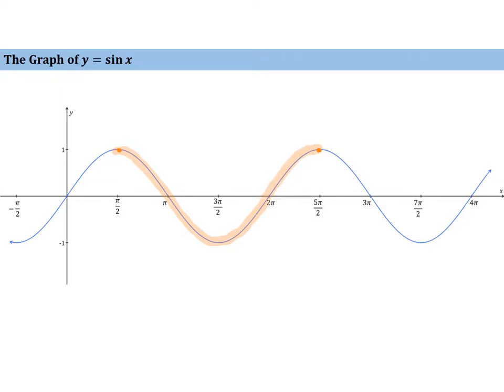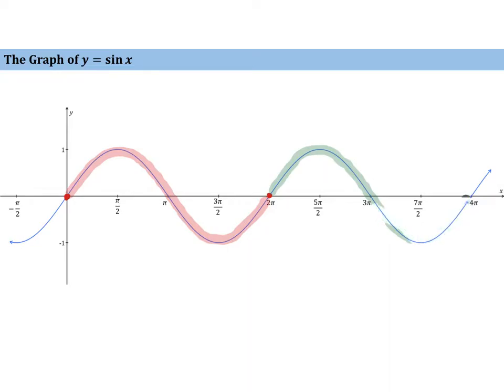Now we don't have to start there and end there. We could start at the origin and we can go to 2 pi and there is one full cycle. The next part of our curve will repeat that same cycle. So those two are exactly the same.